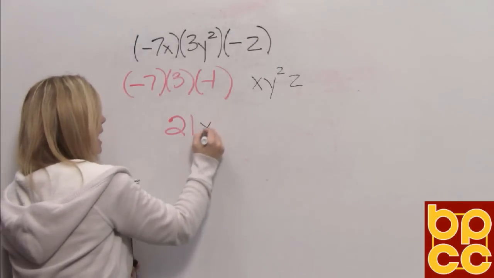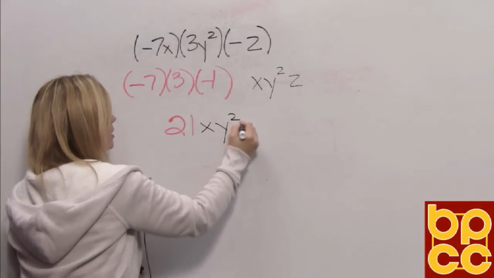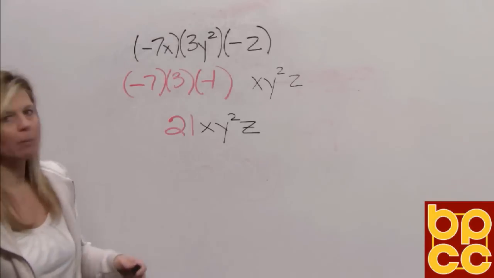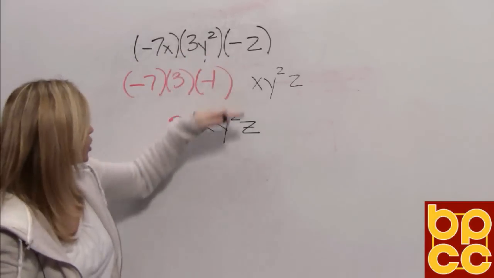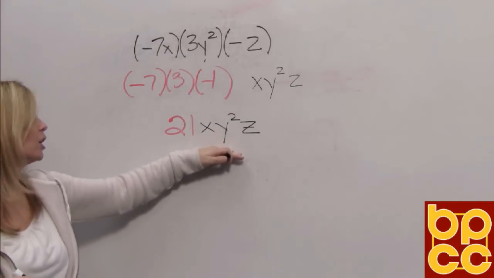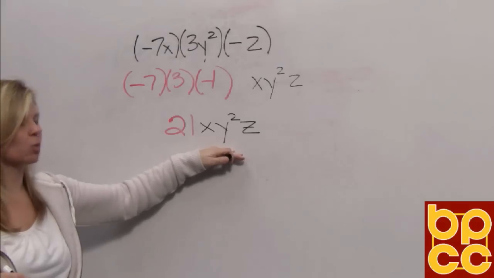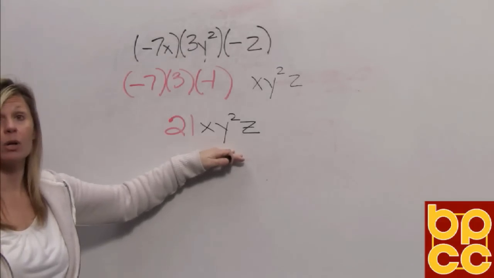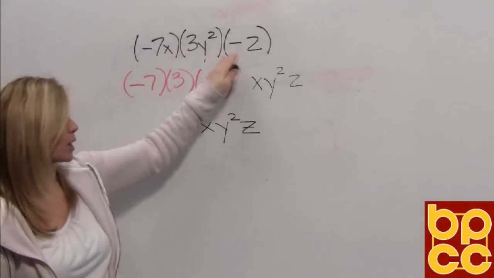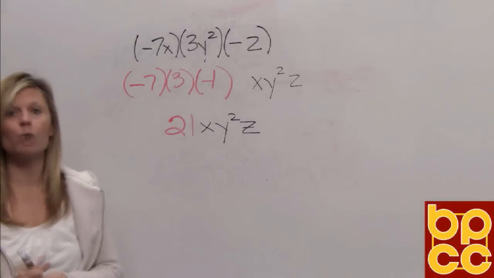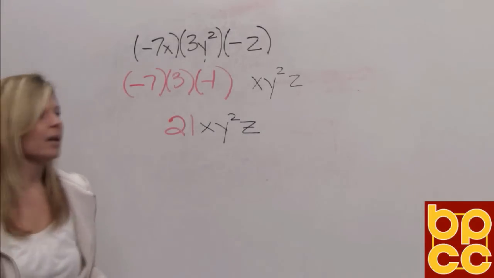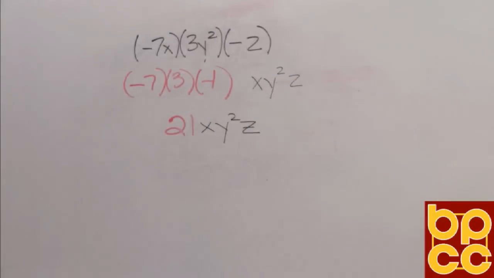So we would just write x, y squared, z. So when we multiply these 3 monomials, we would get this as our expression, 21x y squared z, which is also a monomial. So there's really no work in multiplying monomials. We assume you can do it in your head. But you just don't multiply monomials.